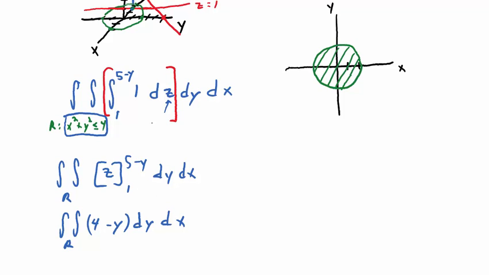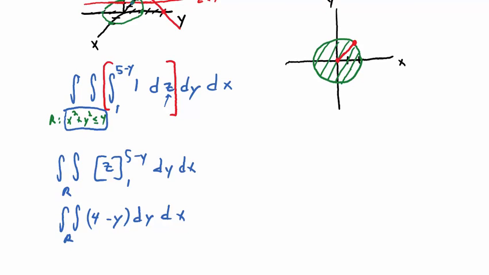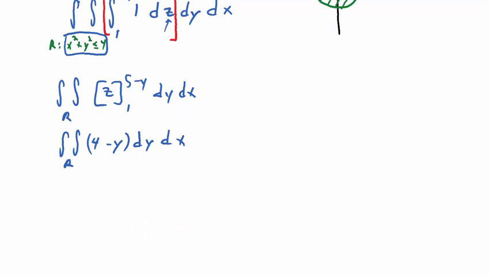So let's set it up as a polar integral. And we know if we draw a spoke here, you could think of it as a representative sector, that r is going to range from 0 to 2. And if you think angularly, theta is going to run from 0 all the way around to 2 pi. So when we set this up, 4 minus y becomes 4 minus r sine theta, because y is r sine theta in polar coordinates.